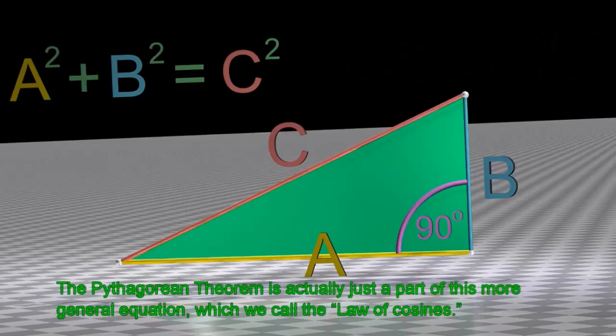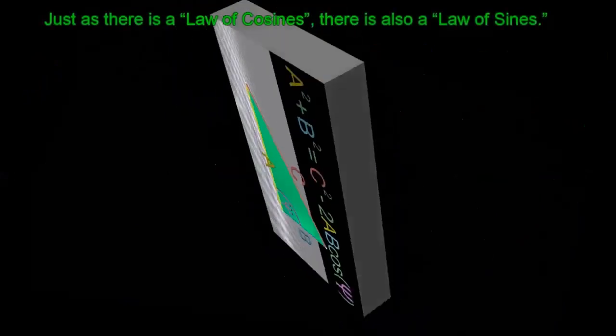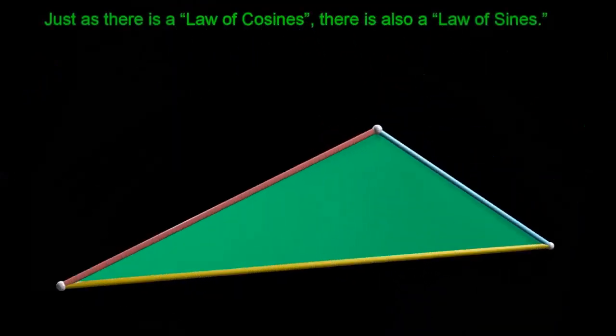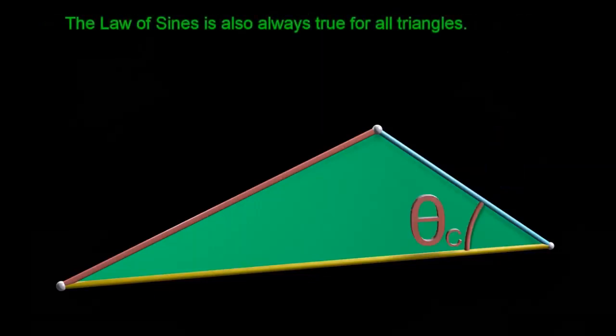The Pythagorean theorem is actually just a part of this more general equation, which we call the law of cosines. Just as there is a law of cosines, there is also a law of sines. The laws of sines is also always true for all triangles.